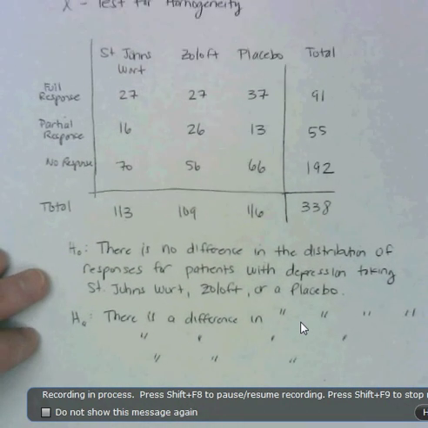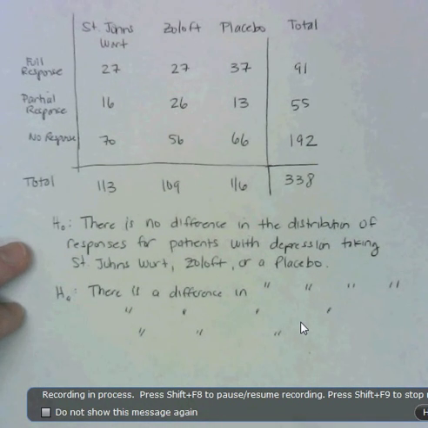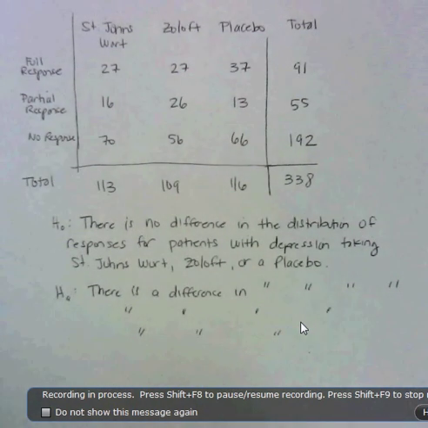Okay? So our null hypothesis for a test for homogeneity, think about what the name of the test is, and that's what your null hypothesis should kind of model. Homogeneity, homo means the same, so there is no difference. Each of the responses for each of these will be the same.